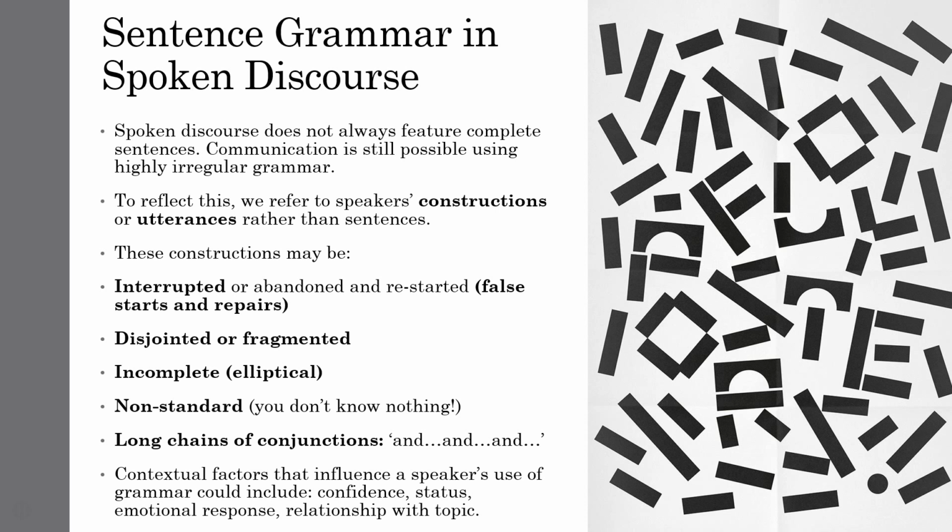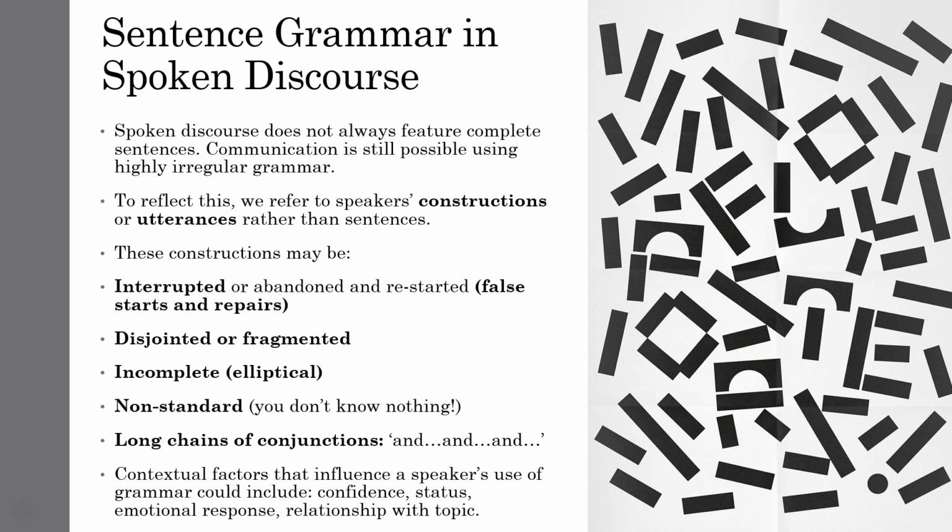So let's think about how grammatical constructions in spoken language are different, or the things that make them unique. Actually, we can convey a lot through very broken or fragmented grammar in speech. Our spoken constructions can be interrupted, abandoned and restarted, and false starts and repairs are very common in spontaneous spoken language.